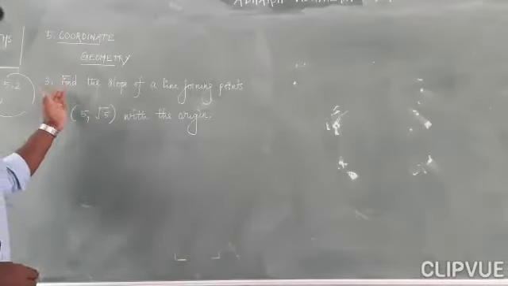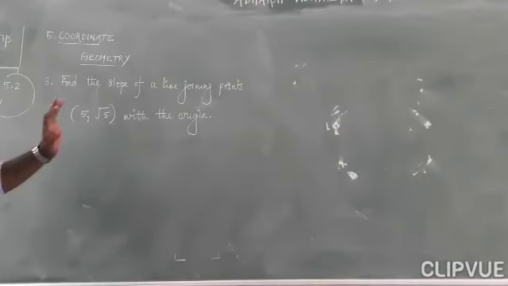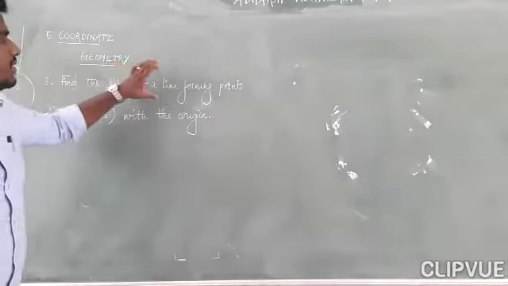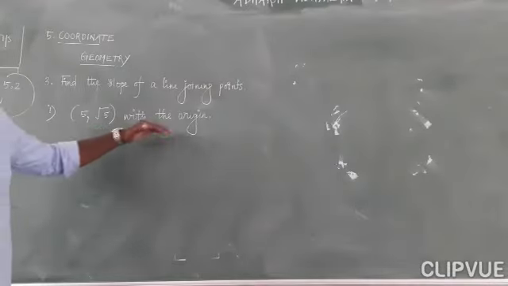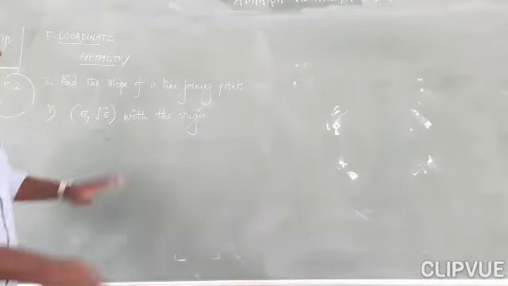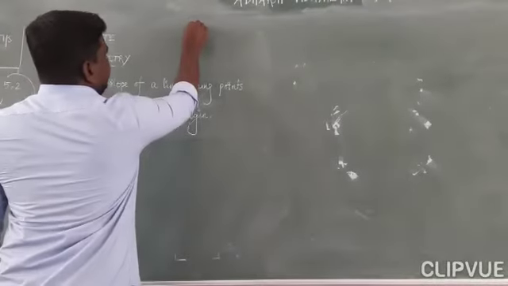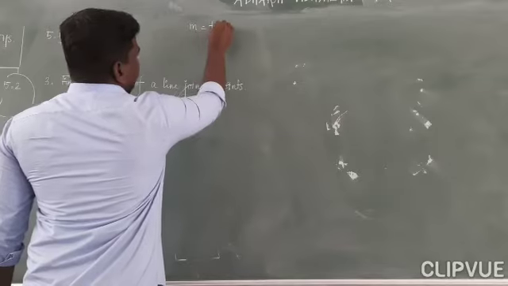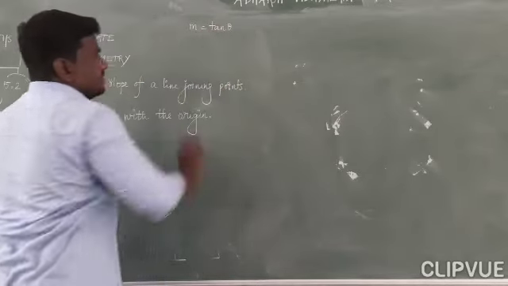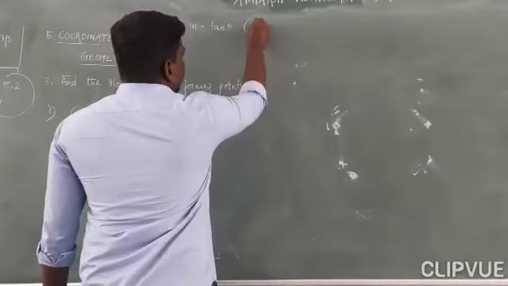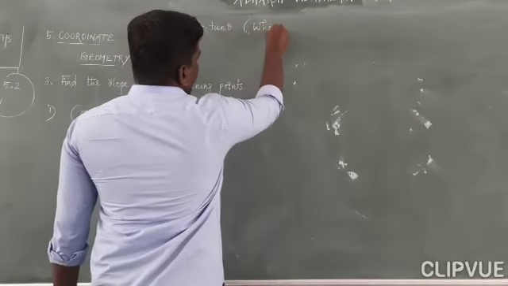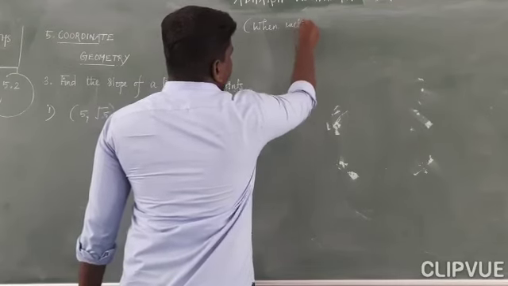Let's move on to the third question, exercise number 5.2. The question is, find the slope of a line joining the points 5, root 5 with the origin. In the first question we have learned m is equal to tan theta, the slope of a straight line when inclination is given.